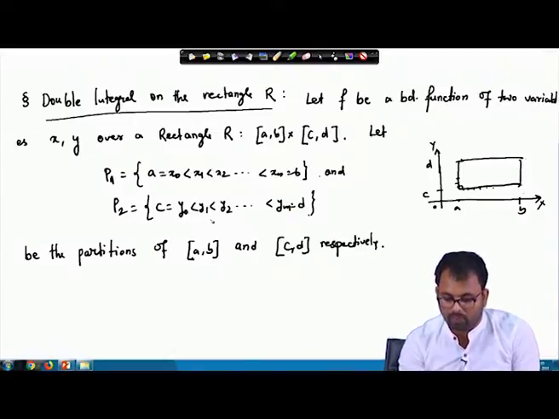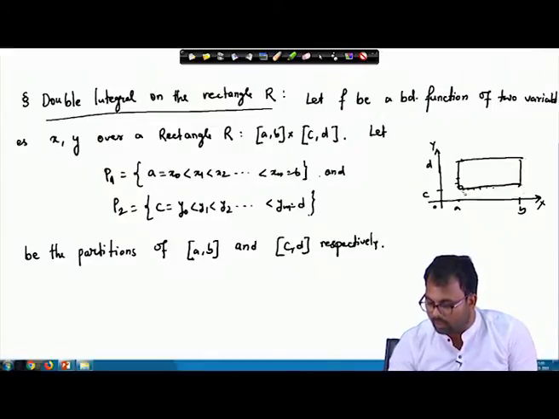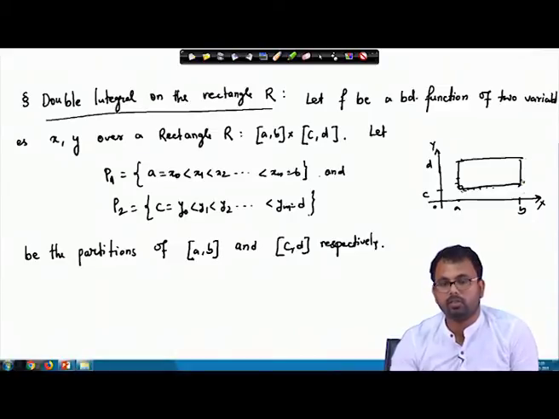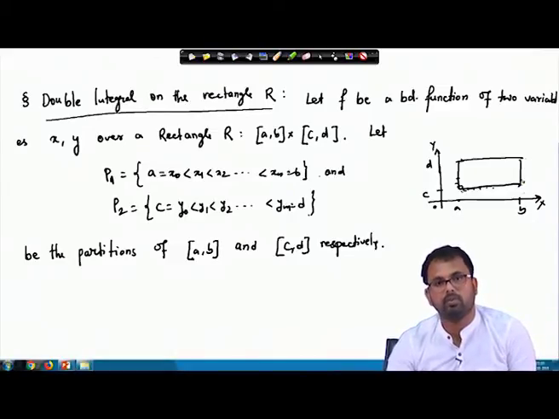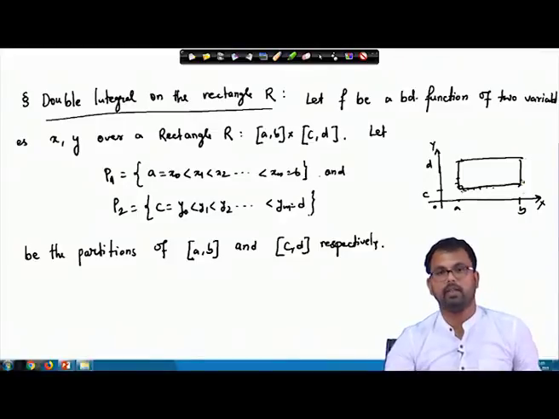So, we have y0, y1, y2, y3 up to ym. Here we have n subintervals for the variable x, and m subintervals for the variable y. So, in a way we have m times n, so mn number of rectangles here.